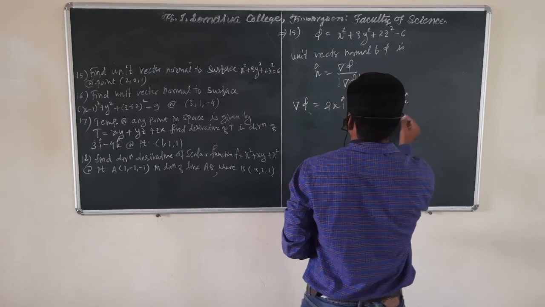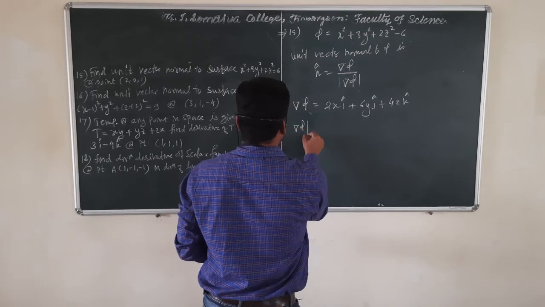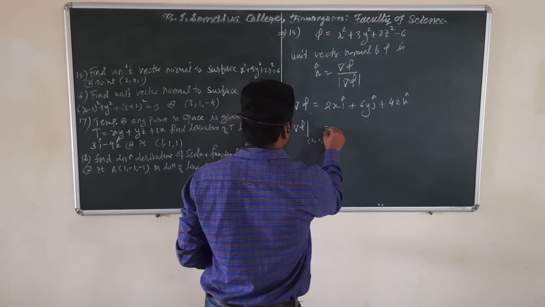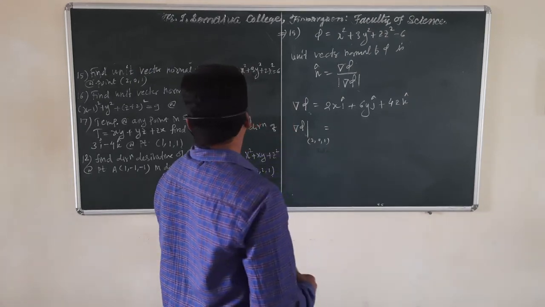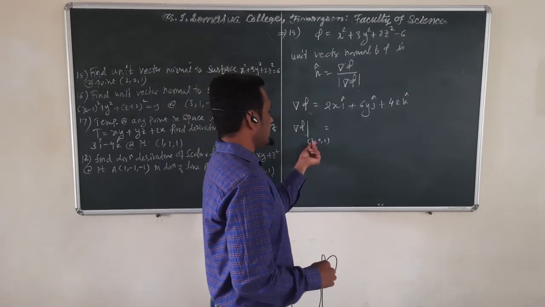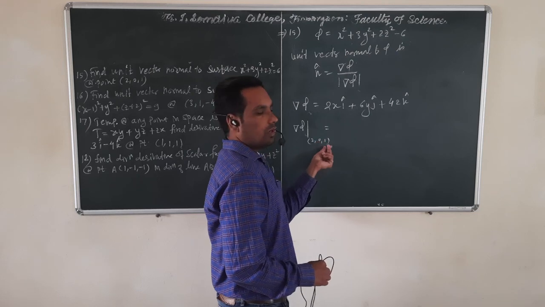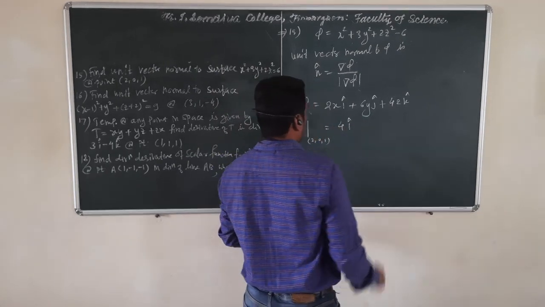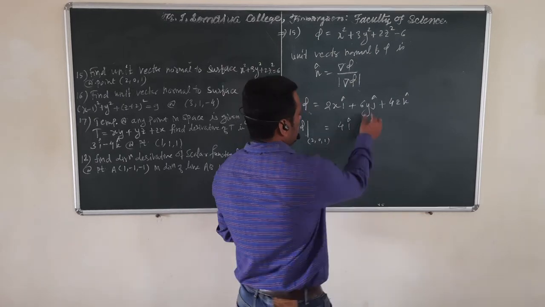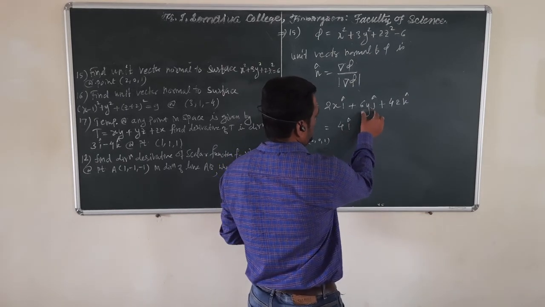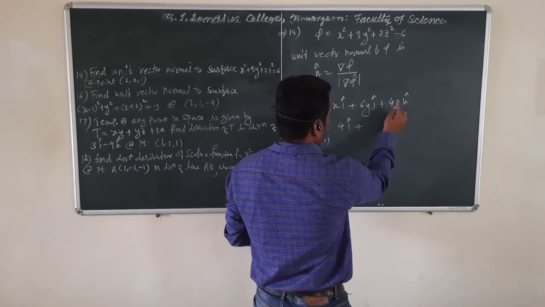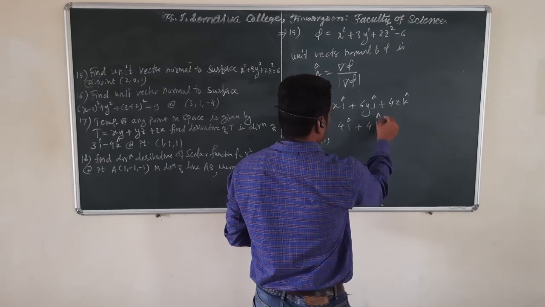Now the gradient of phi at (2, 0, 1): we substitute the value of x as 2, y as 0 and z as 1. So here we get 4i. If we substitute y as 0, this term becomes 0, plus z as 1, so 4 k cap.